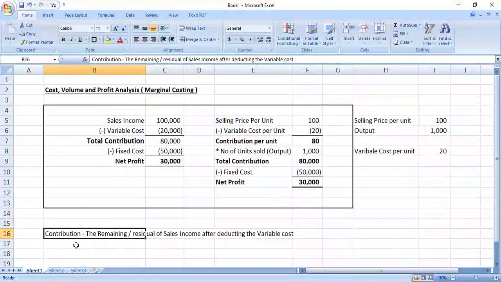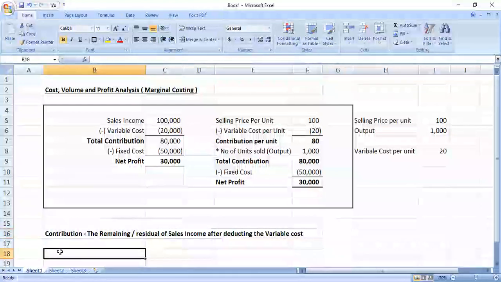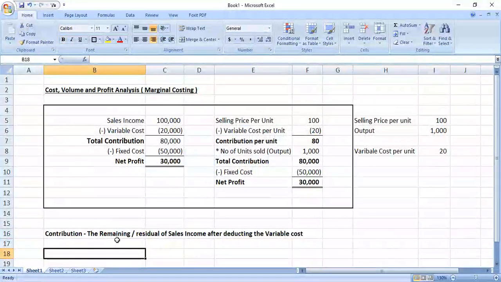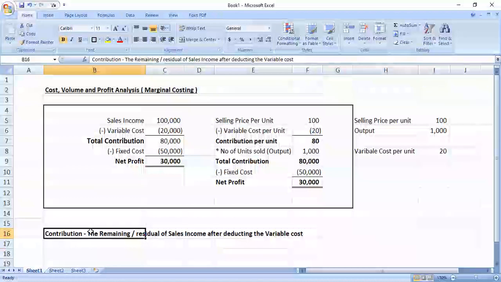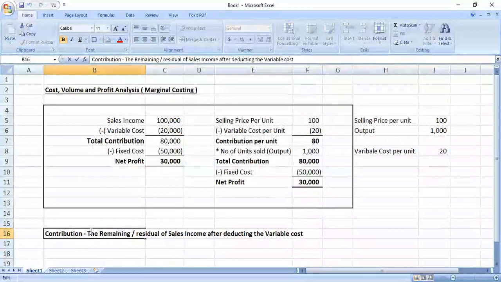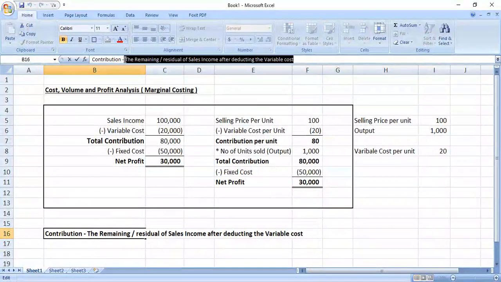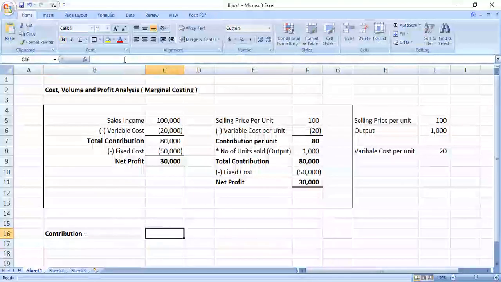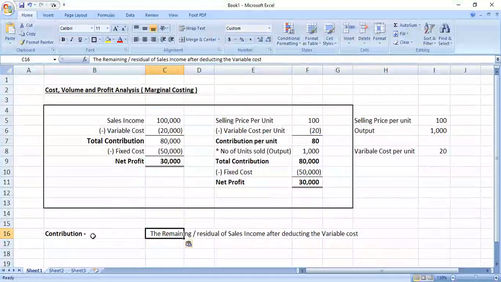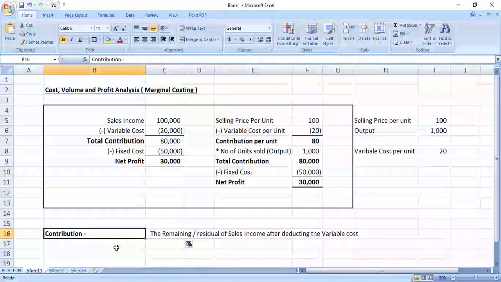The remaining, or the residual, of sales income after deducting the variable cost, only the variable cost. Okay, only the variable cost, right?